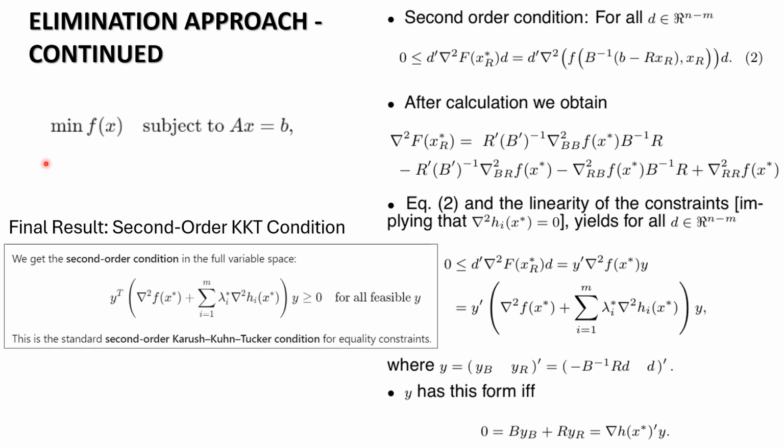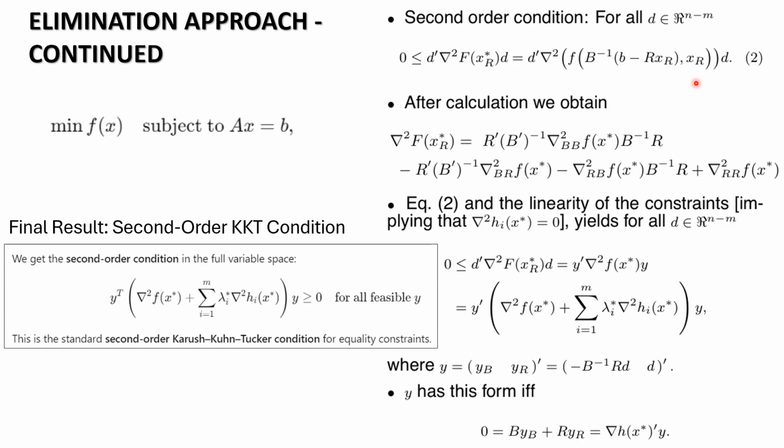So still we are solving this problem. We are minimizing the function f(x) subject to Ax = b, which using the elimination approach becomes minimizing the function f_r(x_r) = f(B^{-1}(b - R x_r), x_r).